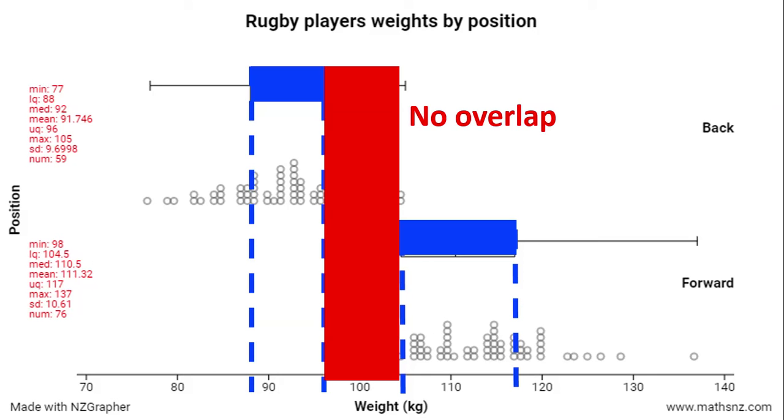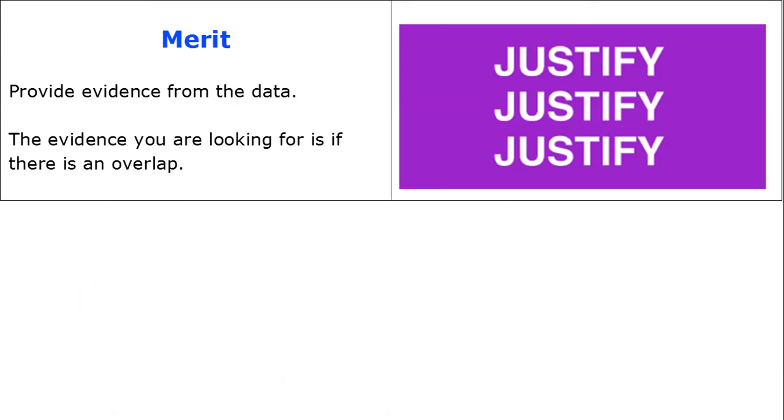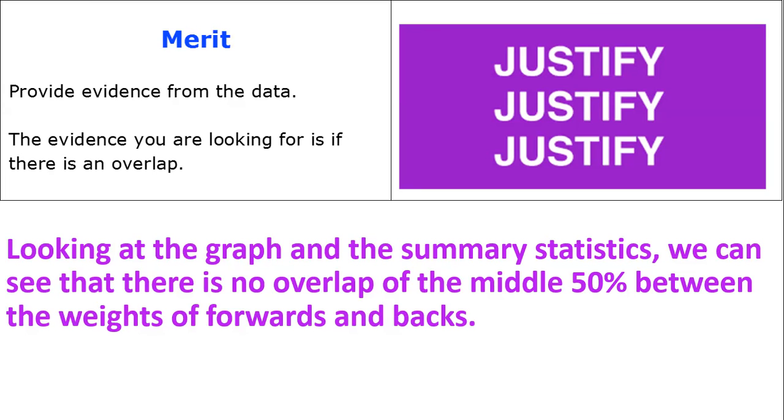So there is definitely no overlap of weights in the middle 50% of those two groups. And that's what I want to be able to write for my merit. So I'm going to be able to say, looking at that graph and our summary statistics, we can see there is no overlap of the middle 50% between the weights of forwards and backs.